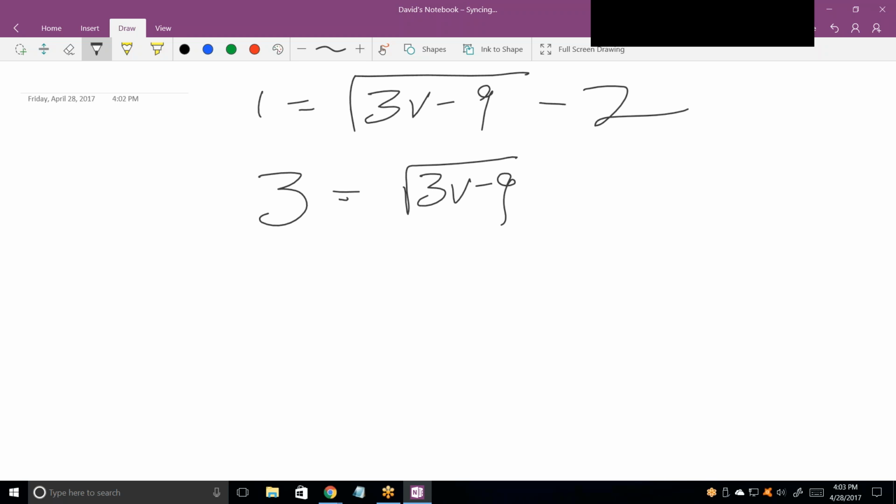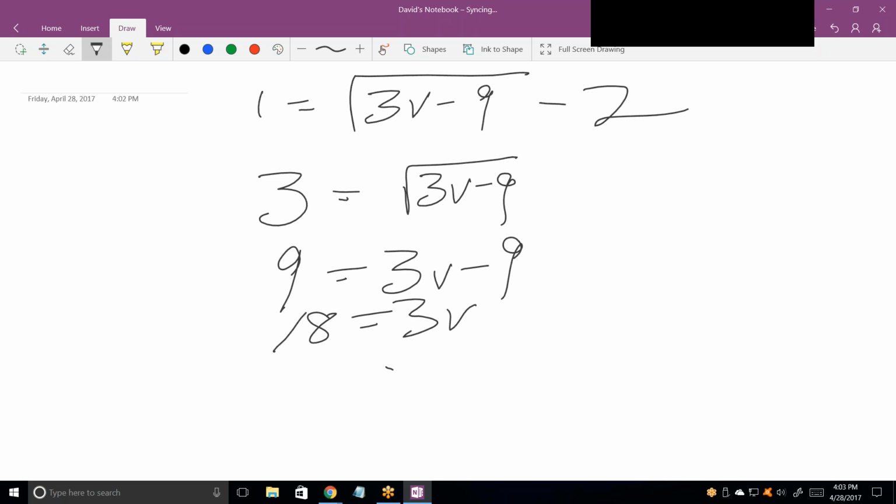Next step? You could square both sides. Next step? 9 equals 3v minus 9. Then you can add 9 to both sides. So I get one solution. V equals 6. Whenever you just get one solution, it's probably not going to be extraneous.